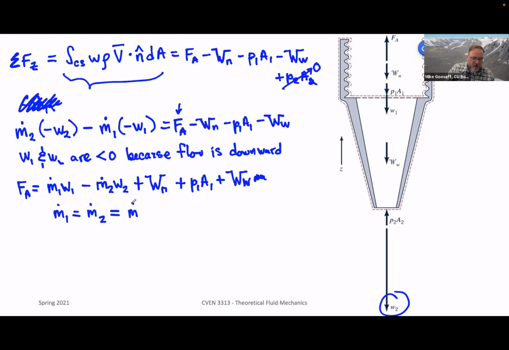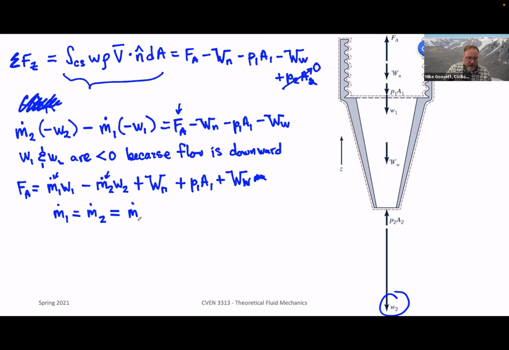Essentially that would give us this guy and this guy calculated. We are given W1 and W2. We can calculate W of the nozzle because we're given the mass of the nozzle on the slide. We're also given P1, and we can calculate A1 from the diameter that was given. And then the weight of the water, we can do some geometry to figure out what this volume is and multiply it by the density.